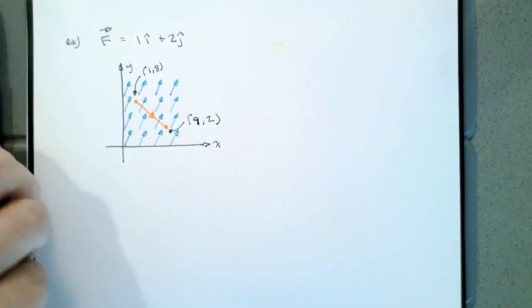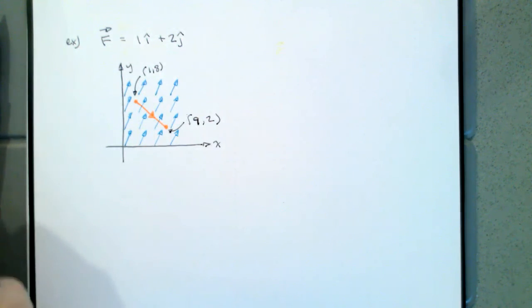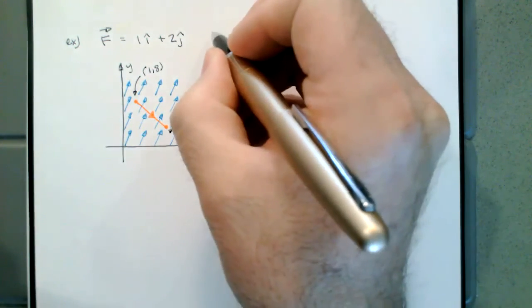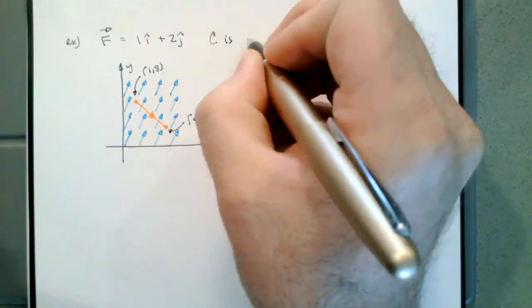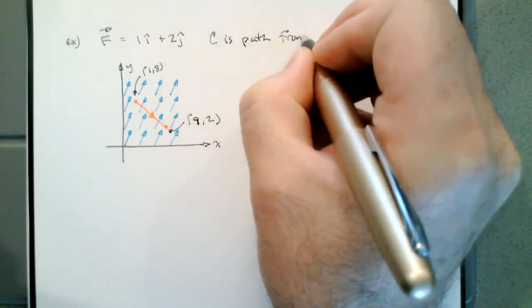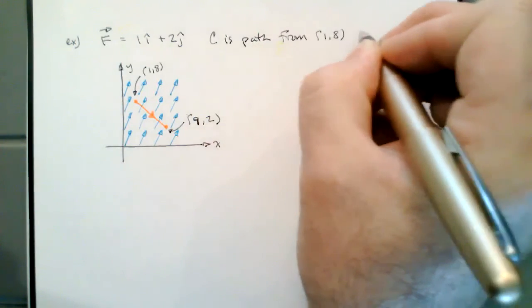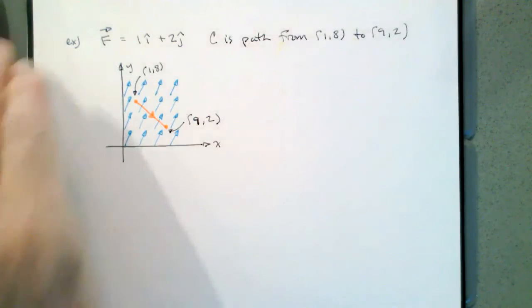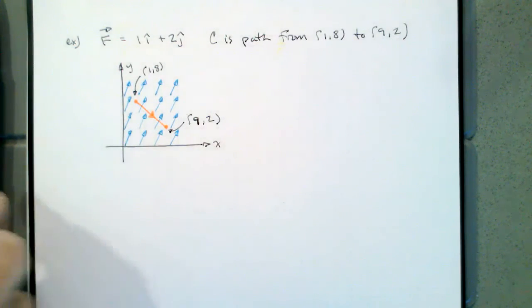And let's calculate the line integral along this curve. So here's the curve C. C is the path from 1, 8 to 9, 2. So remember, our path is oriented.